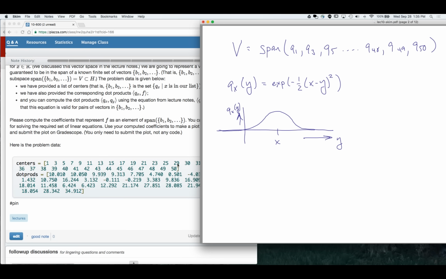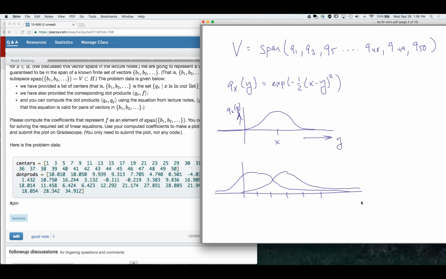And so what do functions in this vector space V look like? They look like linear combinations of these basis functions. So for example, here's another set of axes. Q1 is centered here at 1, and it falls off like that. Q3 is centered here at 3, and it falls off like that.